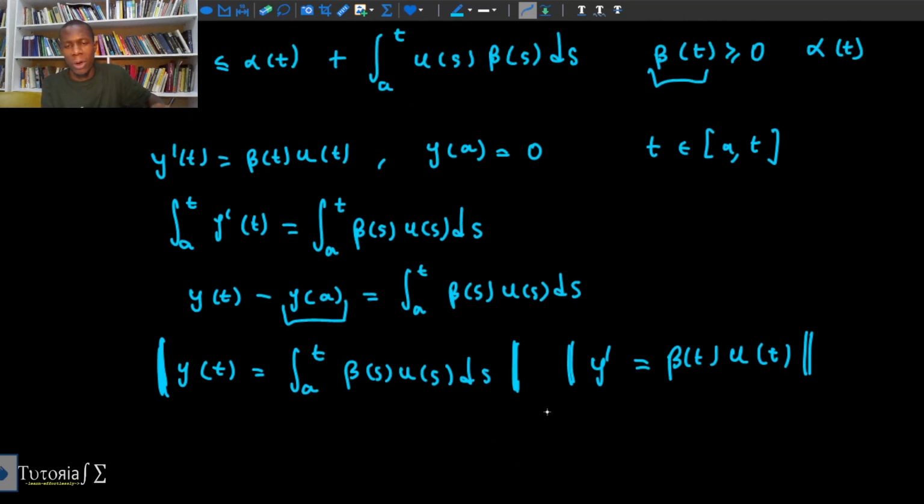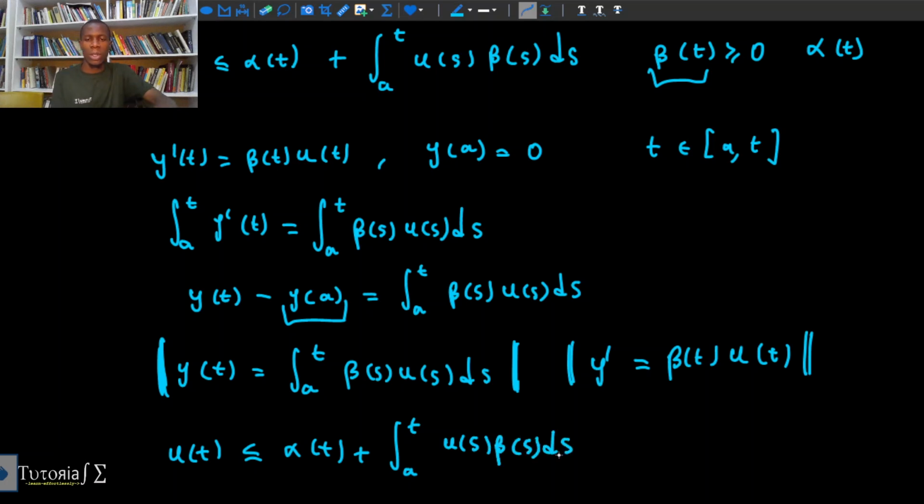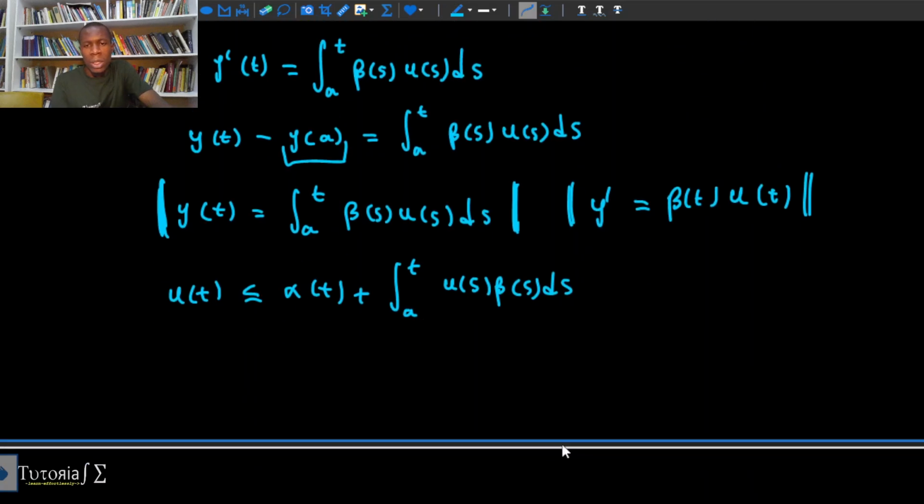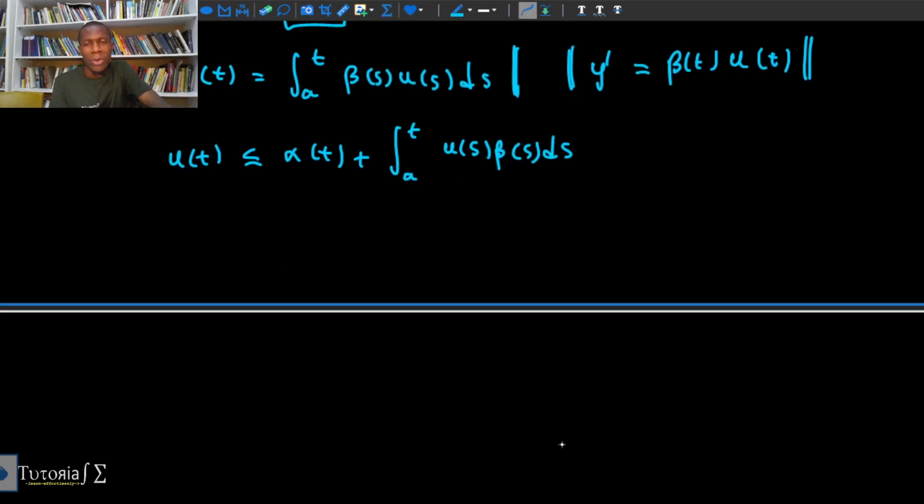We also have our u of t, which is less than or equal to alpha of t plus the integral from a to t of u of s beta of s ds. So we have that. This is where I would say the proof mainly starts if you have this.